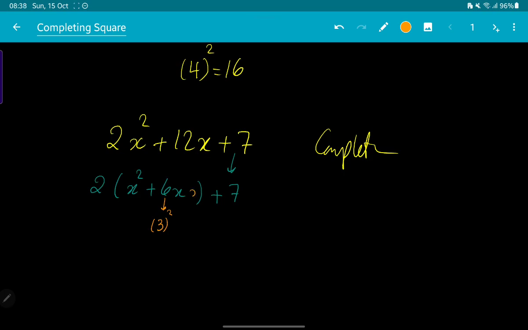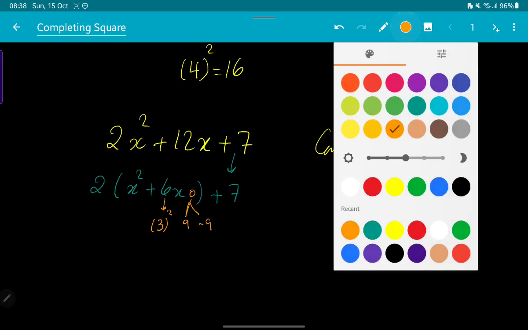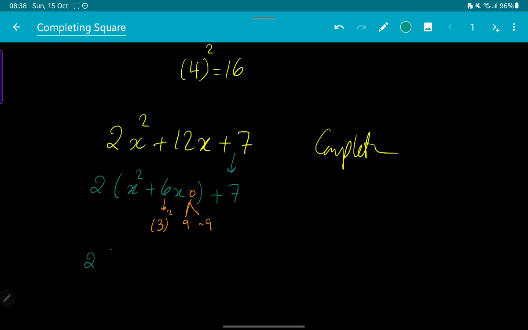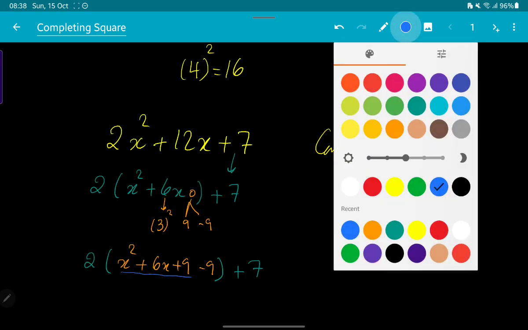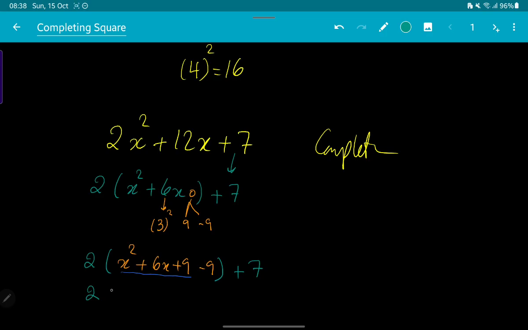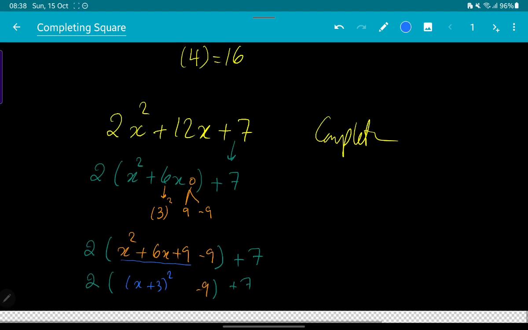So if this is 0, we can write this 0 as 9 minus 9. 2, this is the first bracket, plus 7. Inside the bracket, x squared plus 6x plus 9 minus 9. Can you see that this is perfect? 2 plus 7 minus 9, and this will be written as x plus 3 squared.